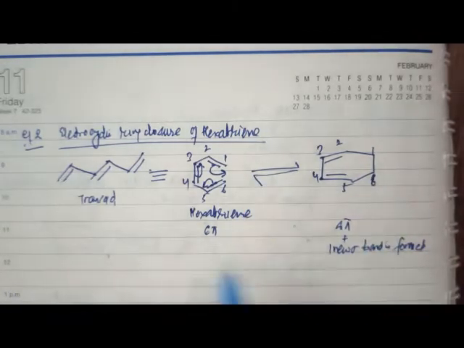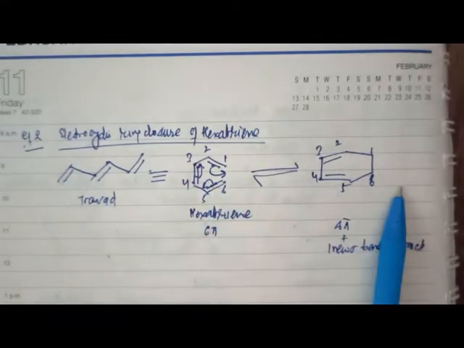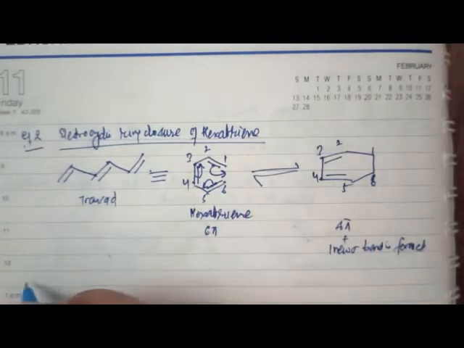So I can call this reaction an electrocyclic ring closure. Now how do we categorize these reactions?